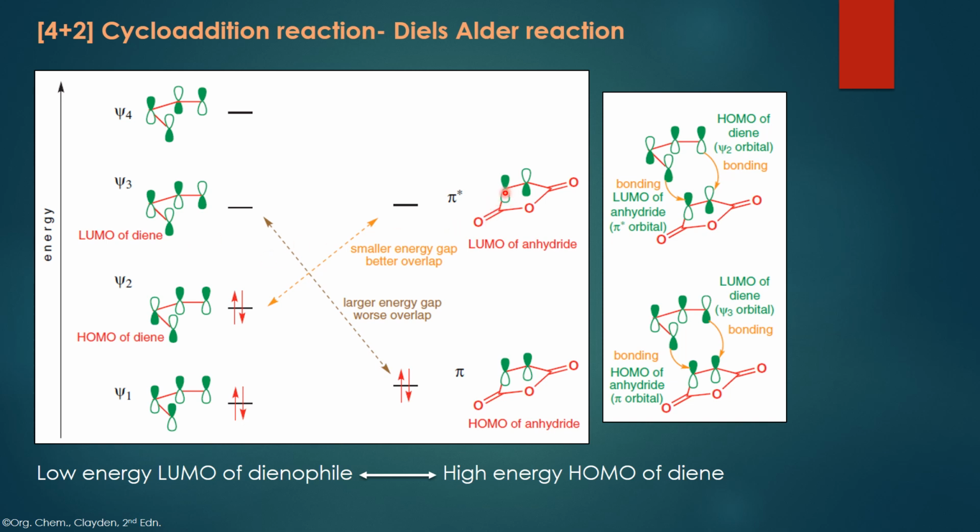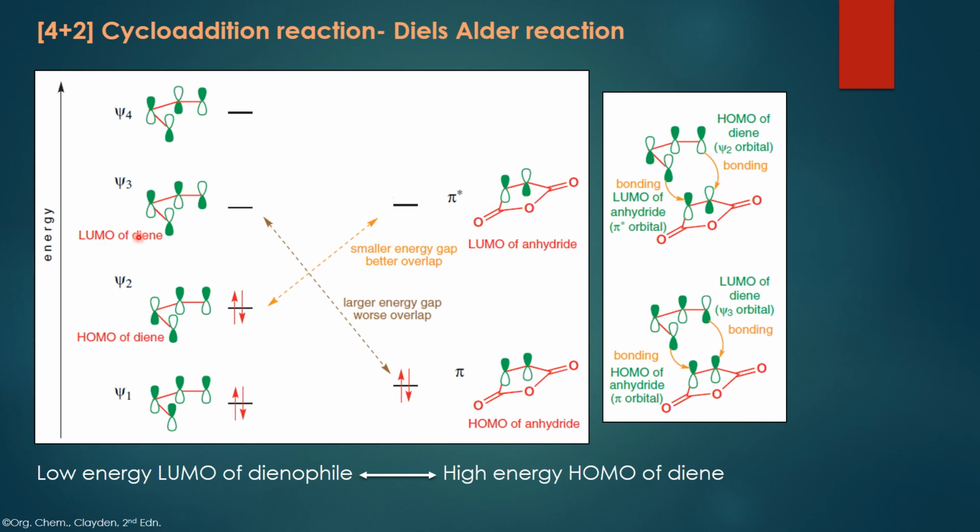That means this one and this one will be in phase, but the other one will be out of phase. Hence, the photochemical condition is not favorable. In the photochemical condition, excitation of an electron takes place and psi3 becomes the HOMO. When it combines with this pi star LUMO of the anhydride, in that orbital interaction one will be out of phase, and hence the photochemical condition is not preferred.